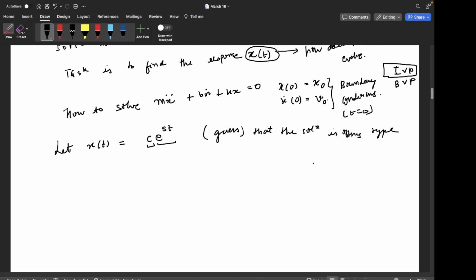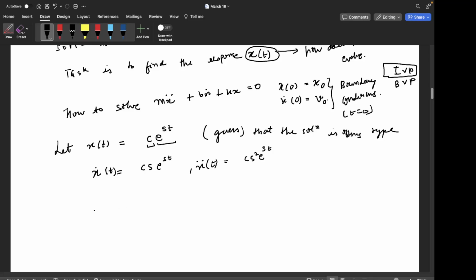Okay, now once we take this as a guess, we can compute few other quantities, like x dot is this, x double dot is this.